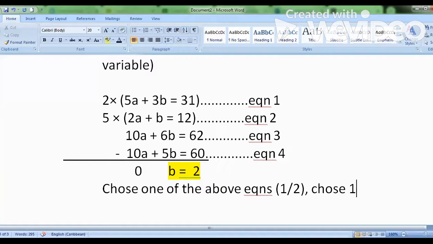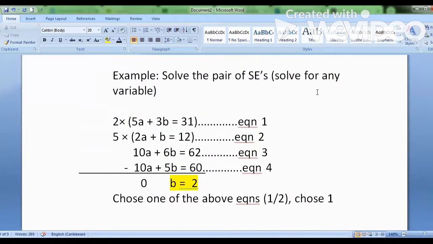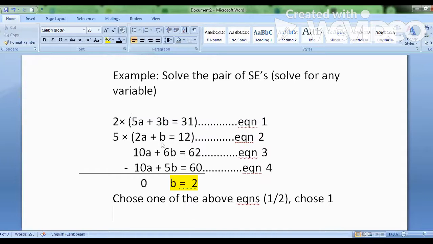You don't necessarily have to choose both. So let's choose 1. That's equation 1, true? So you're going to rewrite it.